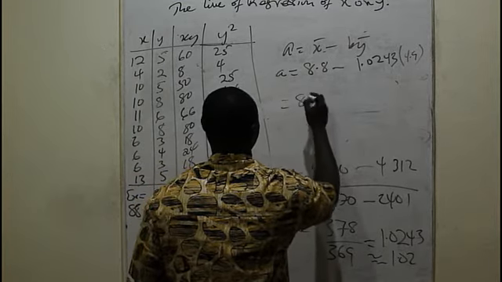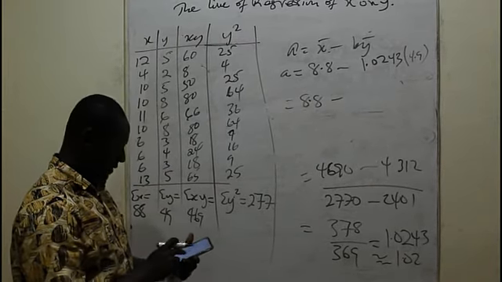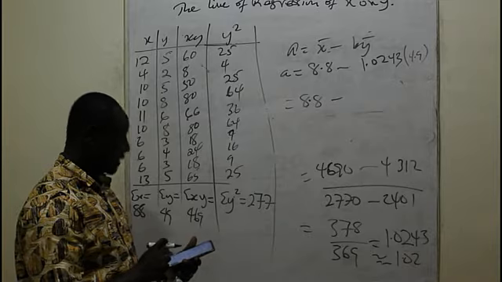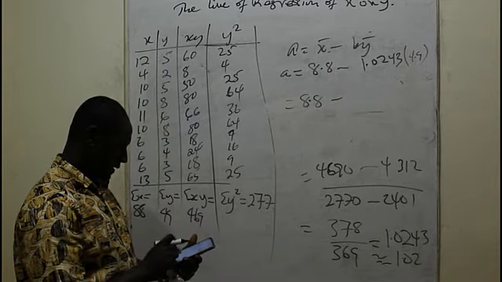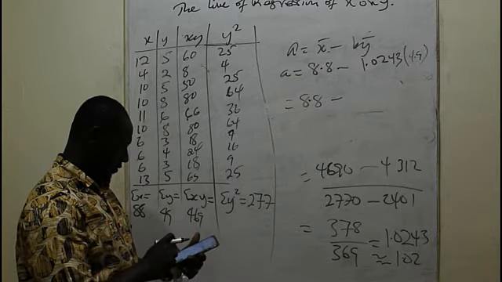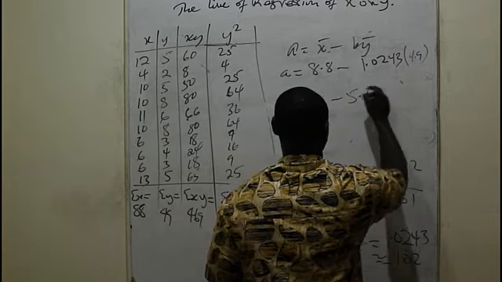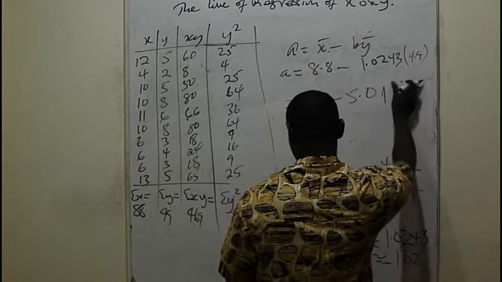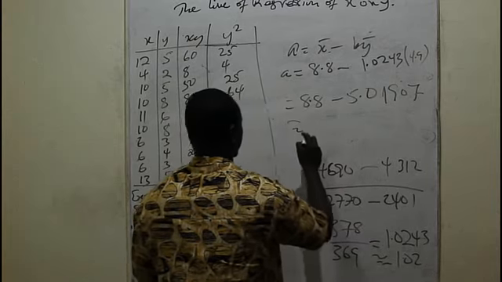So when I take my calculator to do that, I am going to have 8.8 minus 1.0243 times 4.9. And what is this? 5.01907. If you subtract, what do you get?